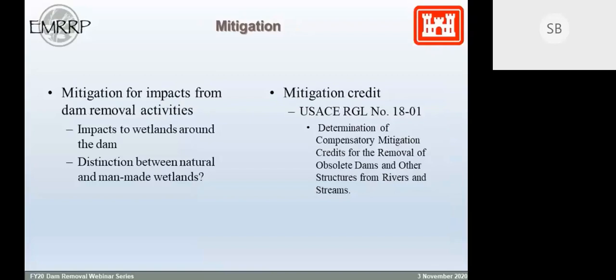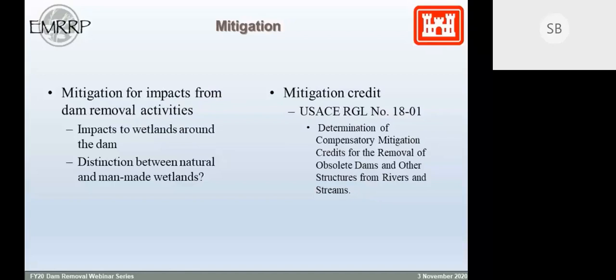Dam removal activities, as we know, can result in some adverse impacts. So requirements to mitigate for loss of wetlands upstream of the dam caused by its removal will depend on the permitting mechanism, the policies, and the guidelines of the applicable Corps of Engineers district. But on the flip side, mitigation credit may be considered for dam removal.